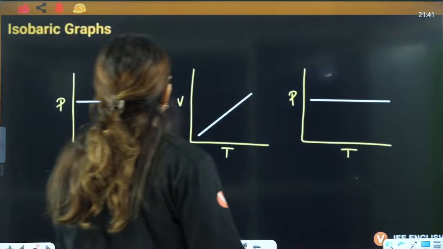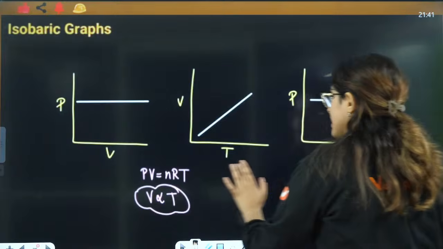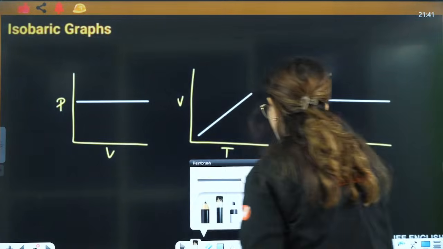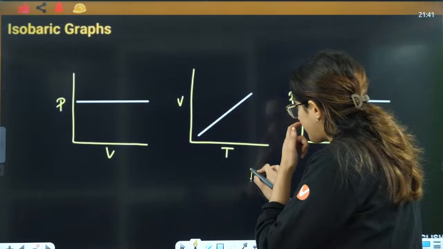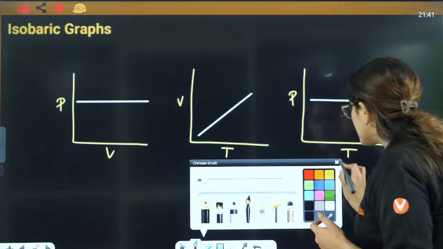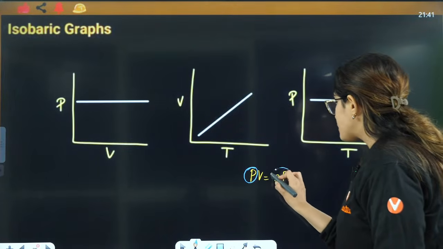Then we talk about isobaric. In case of isobaric, what do you have? Tell me, everyone. In case of isobaric, we can say PV is equal to nRT. Now, pressure is constant, nR is constant.